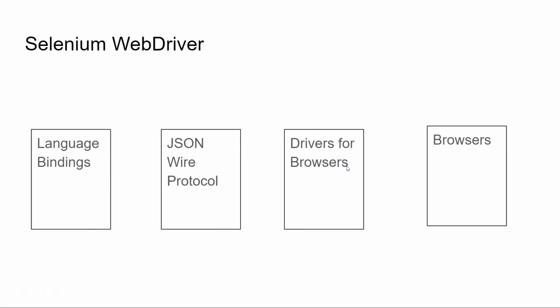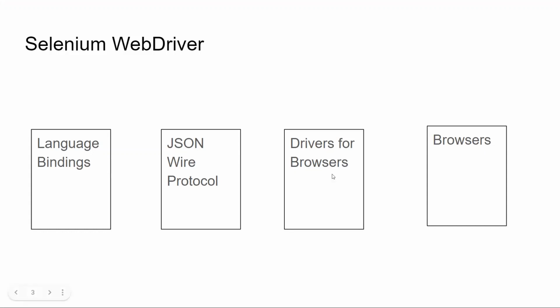So every browser driver has its own HTTP server running, and these URLs are passed to this HTTP server, right? Once this URL reaches this browser driver, then the browser driver will pass on this request to the actual browser over the HTTP.